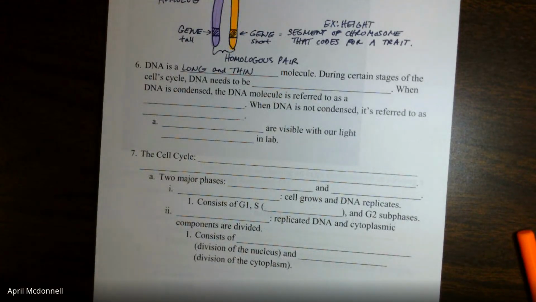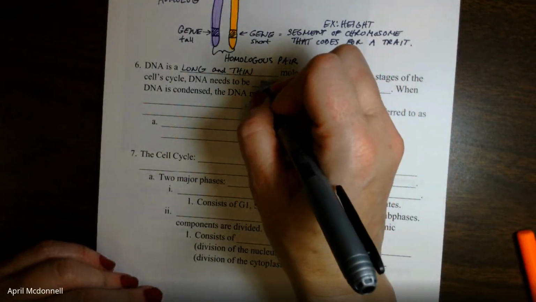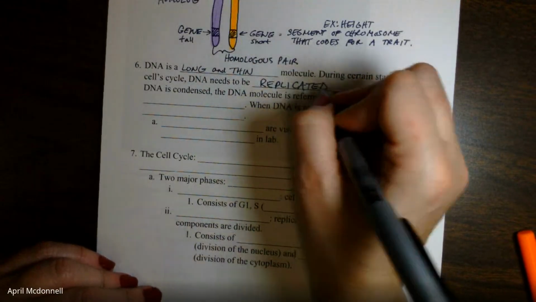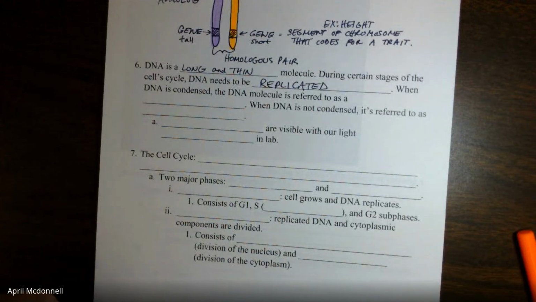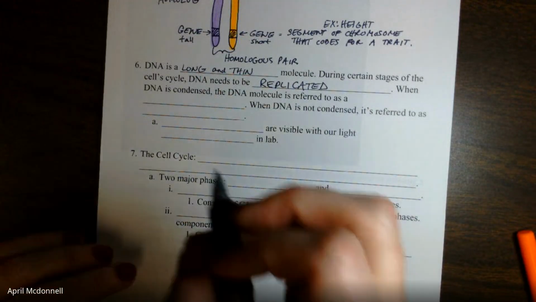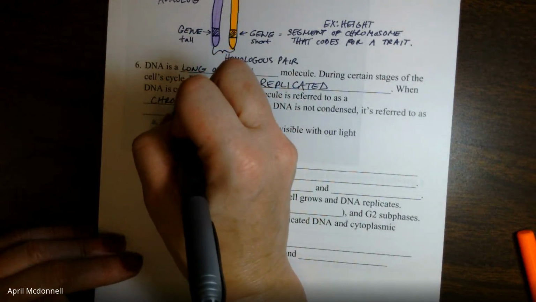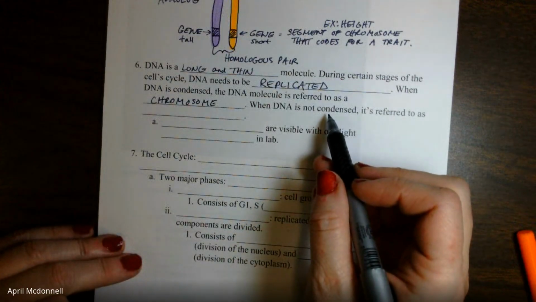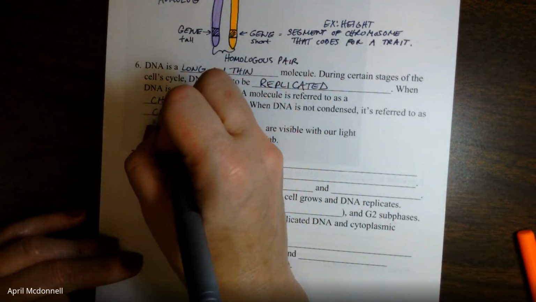So during certain stages of the cell cycle, which we will discuss shortly, DNA needs to be replicated during a process called DNA replication. And when DNA is condensed, the molecule is referred to as a chromosome. When DNA is not condensed, it is referred to as chromatin.